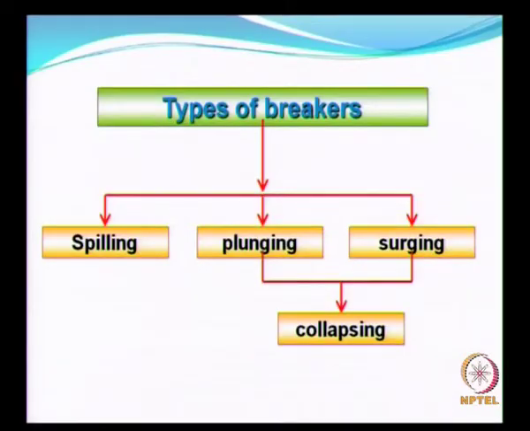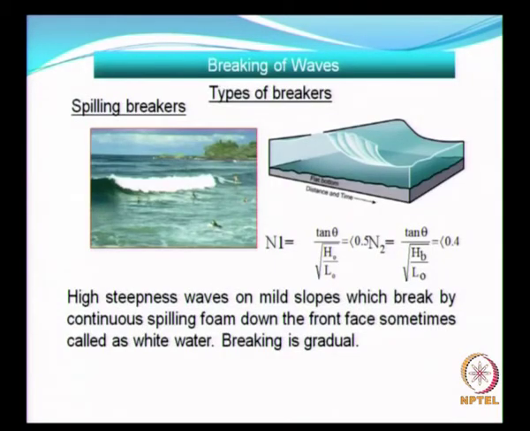So, you have spilling type of breakers, plunging type of breakers, surging type of breakers, and there is a classification in between plunging and surging, which is called collapsing. The picture at the background shows a spilling breaker.